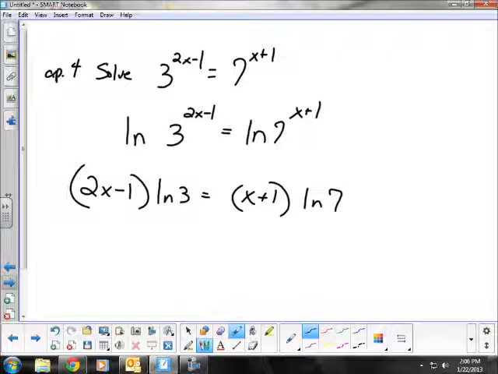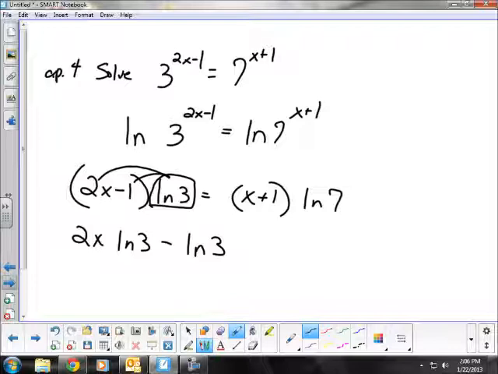The thing I want you to kind of keep firmly in mind here is the ln of a number is just a number. Okay? So it's like having a coefficient. So I'm going to take that ln of 3 and I'm going to distribute through my parentheses, just like it was a number. So I've got 2x times the ln of 3 minus the ln of 3.